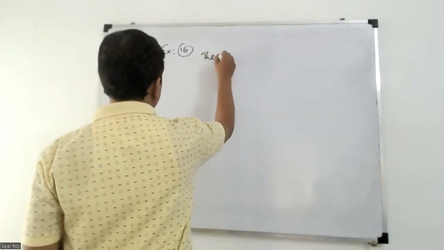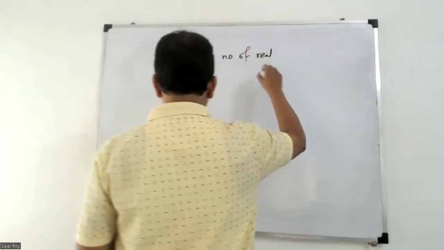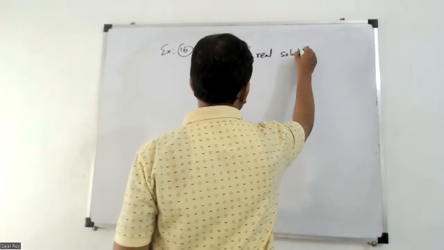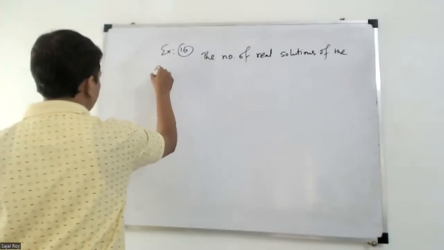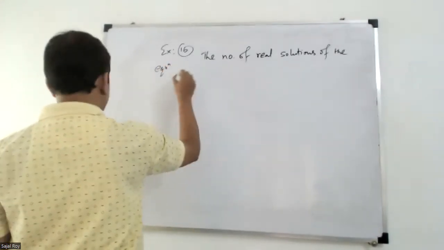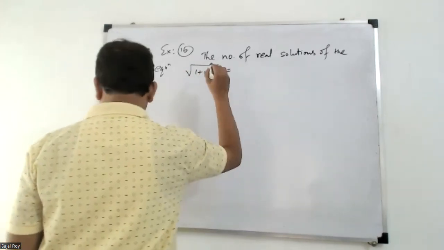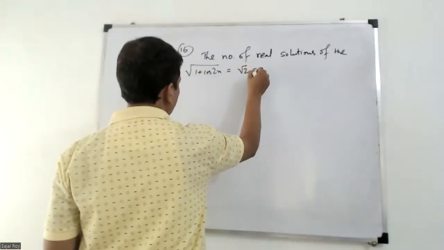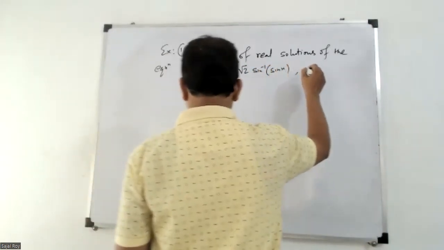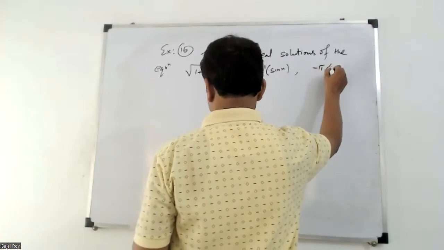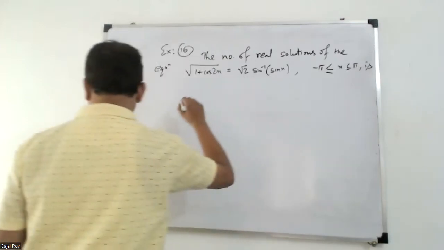Okay, next. The number of real solutions of the equation root over 1 plus cos 2x equal to root 2 sin inverse sin x, minus pi less than equal to x less than equal to pi, is.